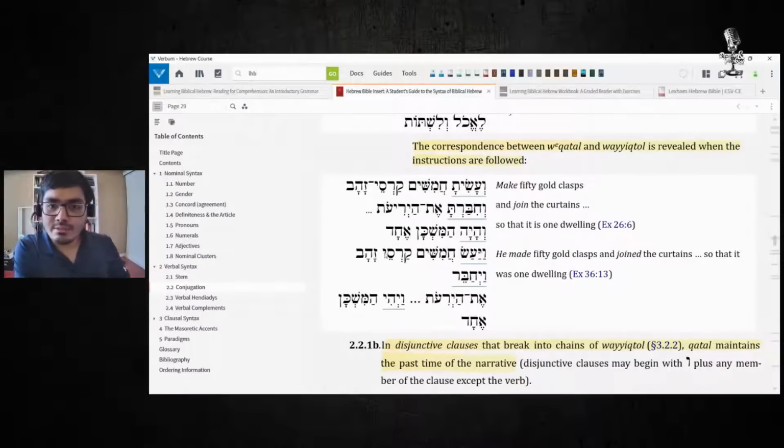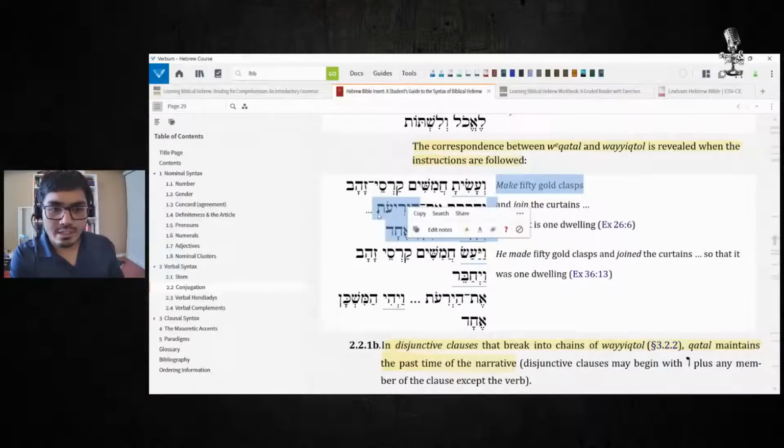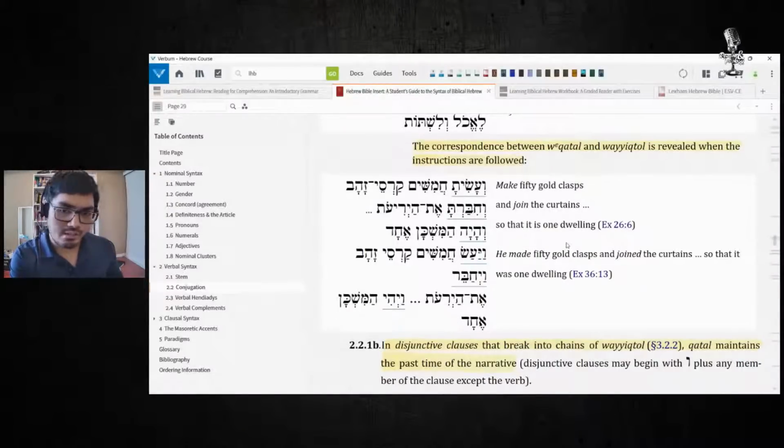Now, you may have some texts where some instructions are given and then they're followed. When the instructions are given, they're in the vekatal, and then when they're followed, the narrative shifts to the vayiktol. In the instructions for the tabernacle in Exodus 26, you have a great example of this. Veasita chamishim karsei zahav. Make 50 gold clasps. Vehibarta et hayeriot.